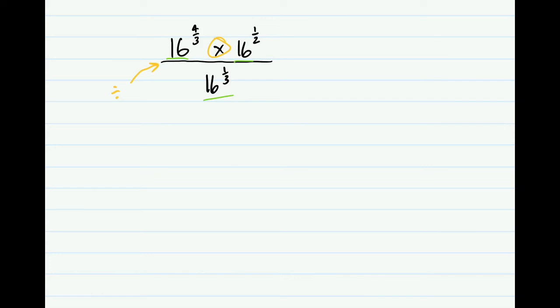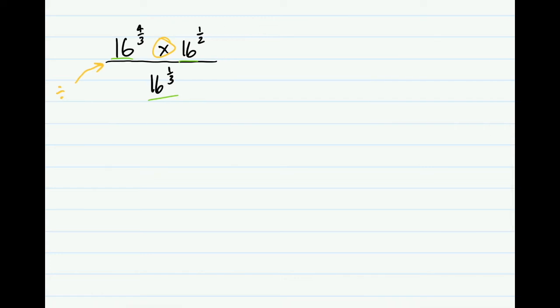When working these out, I like to just work the numerator out first and then the denominator. If we work out the numerator, we have 16 to the 4 over 3 plus 1/2. Now, we need to make our fractions the same so we can add them.